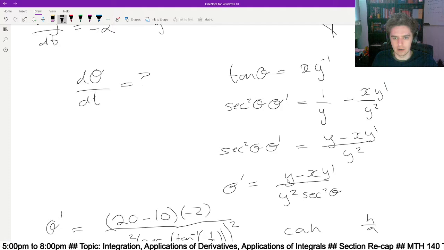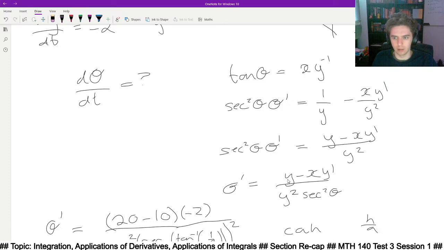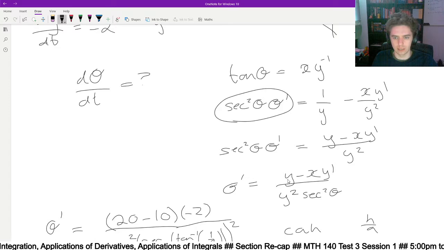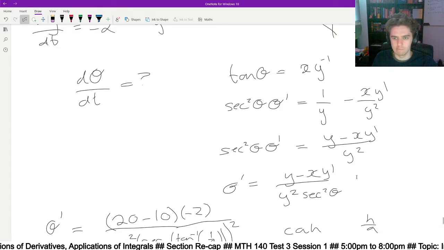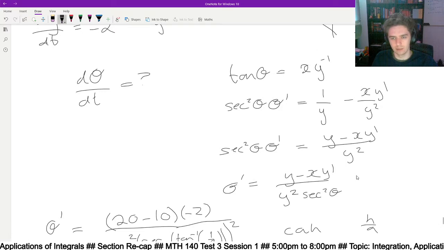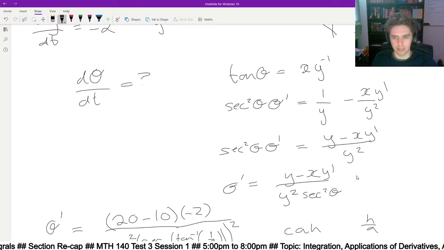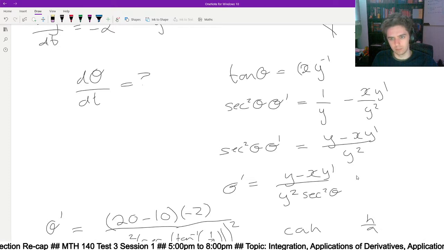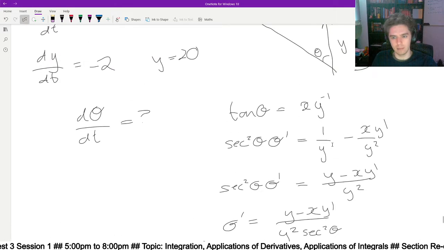When I did this, there was a y squared on the bottom, and also secant squared, but that's during the process. I do product rule and quotient rule kind of weird. Shouldn't there be an x prime, dx over dt?